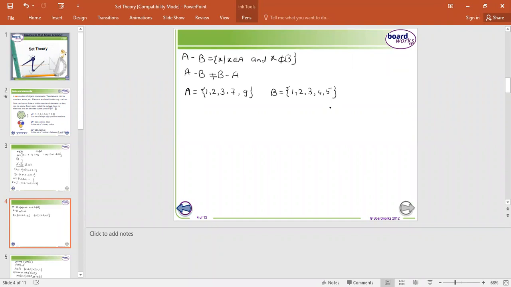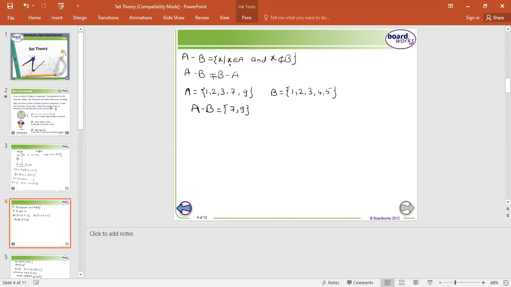Then what is the value of A minus B? Discarding the common elements, A minus B is 7, 9.